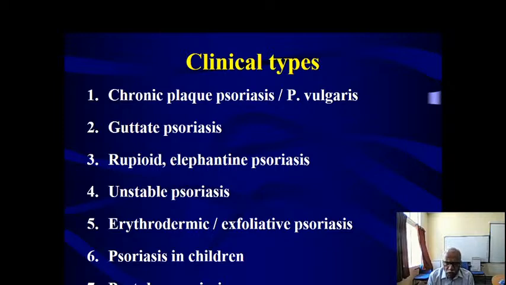But the commonest cause for erythroderma, if it is due to psoriasis, we say erythrodermic psoriasis. Otherwise, most of the time the cause is not known for erythroderma. In 50% the cause is not known, idiopathic. But other causes apart from psoriasis are eczema, drug-induced, and some autoimmune disorders, they all lead to erythroderma.